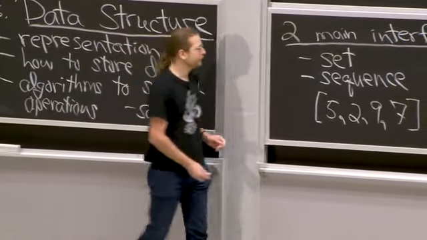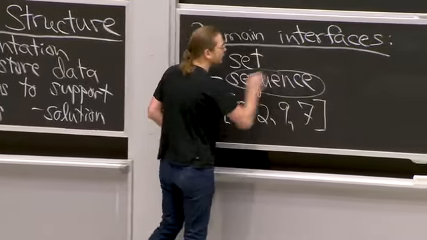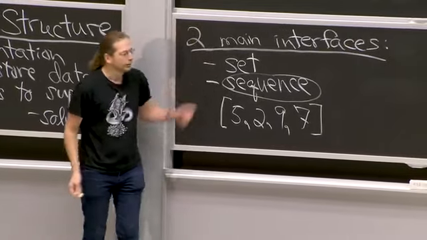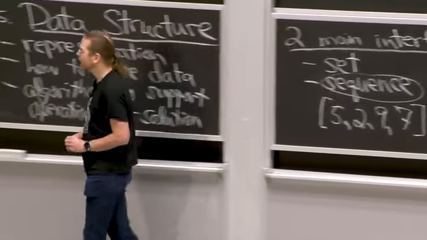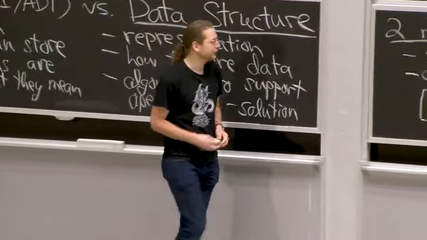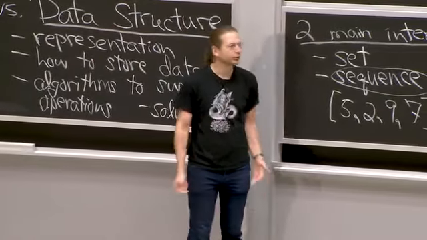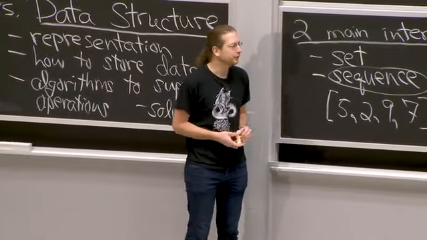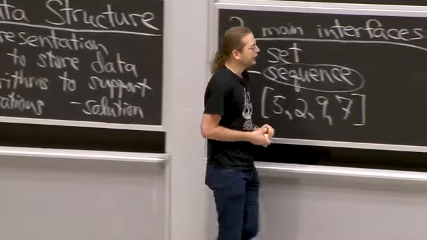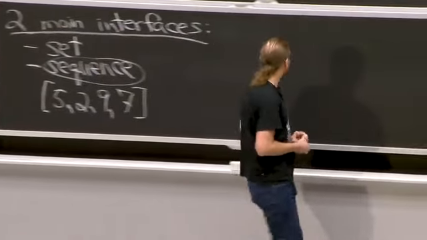Today, we're going to be focusing on this sequence data structure, although at the end, I'll mention the interface for sets, but we're going to be actually solving sequences today. And in the next several lectures, we'll be bouncing back and forth between these. They're closely related, pretty abstract at the moment.